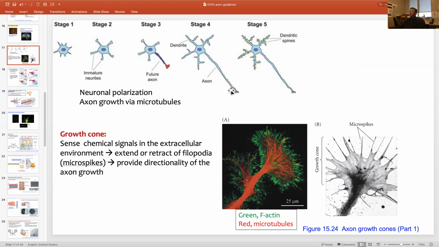The tip of the growing axon is called the growth cone. The growth cone structure looks like this.